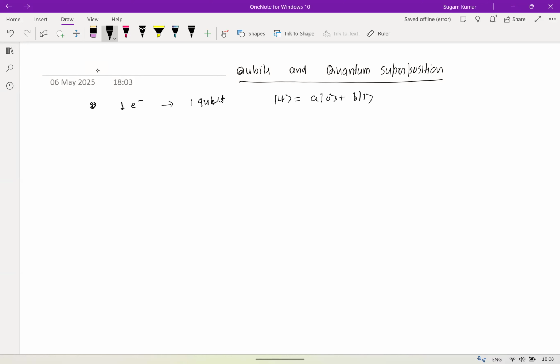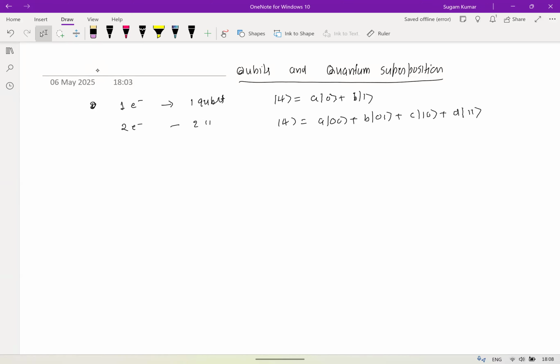Similarly, if you have two electrons, meaning two qubits, then I need to define four complex numbers to represent the wave function psi.